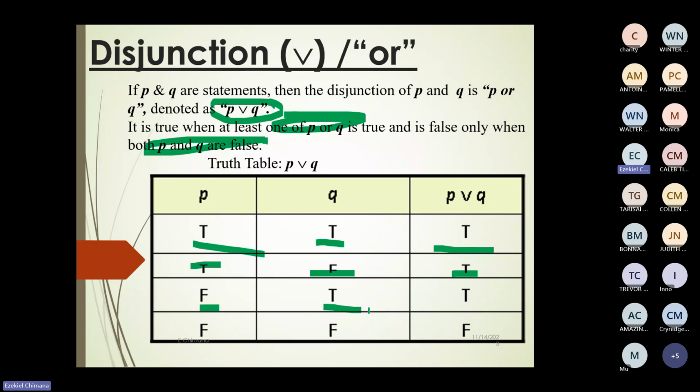False or true, it's true again. Then false or false, it's false, because we just need one of the inputs to be true for this one to be true. So it is only false when both P and Q are false, just like that.